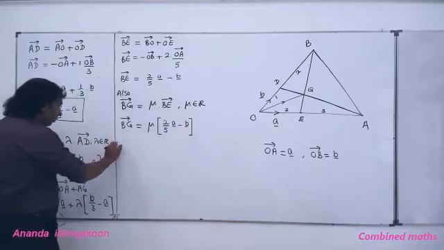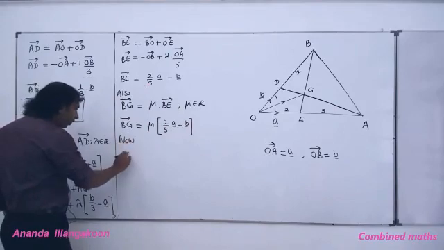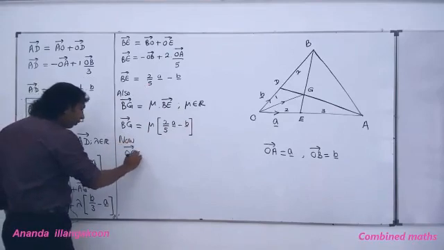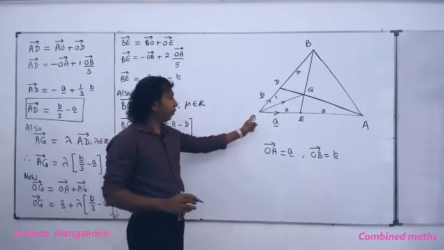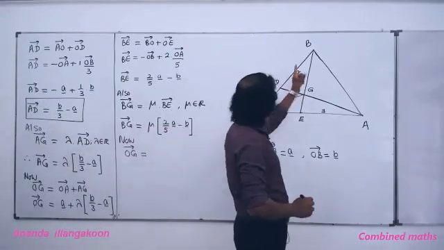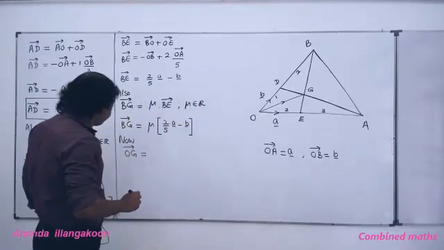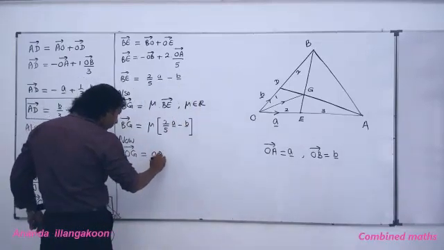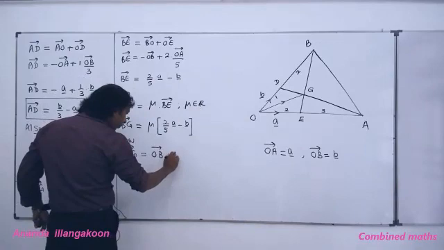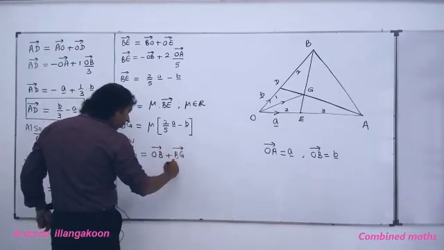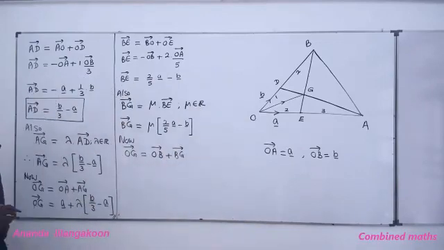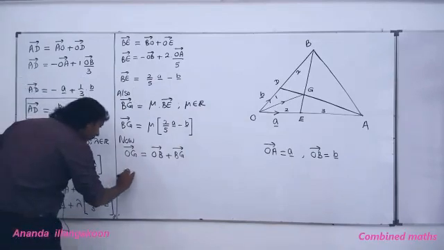Now we can write, people, OG vector. OG vector you can write OB plus BG. Substitute for this OB vector. OB vector is equal to b.